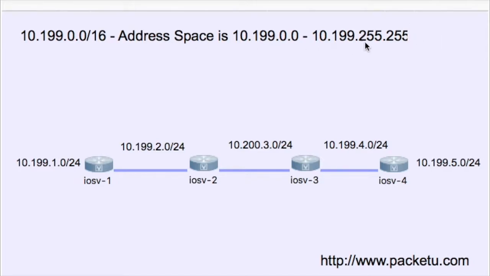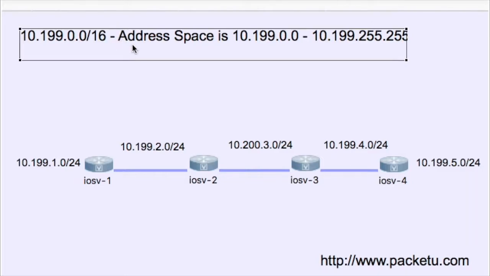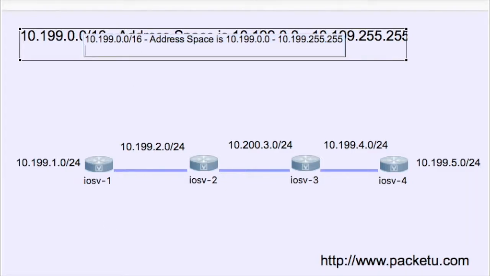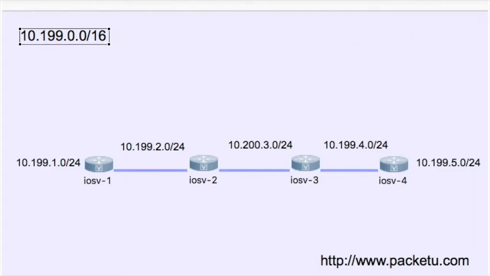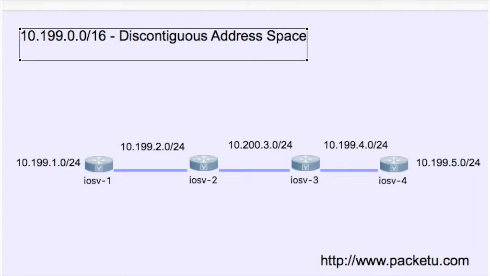So we would call this a discontiguous address space, or we could say a 10.0.0.0 contiguous network.